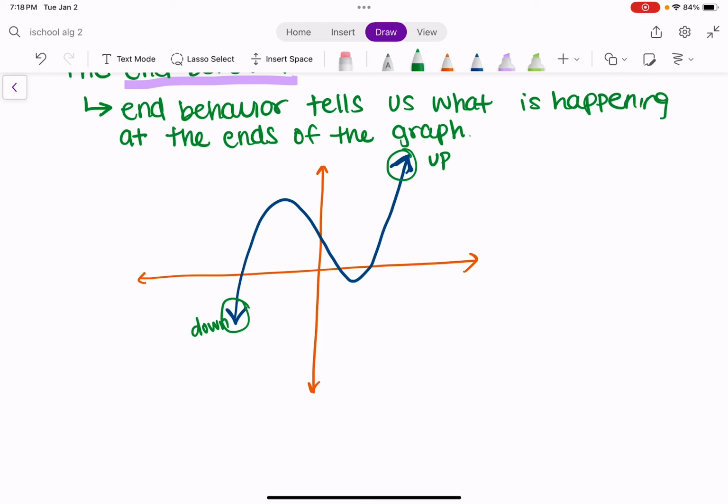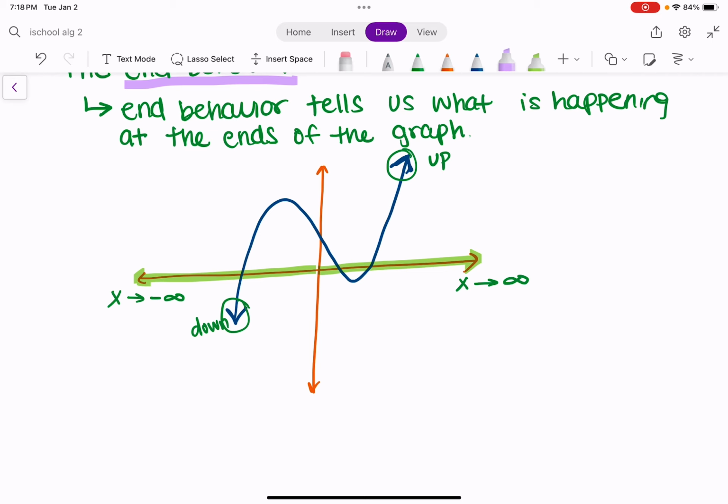Now we want to use some proper mathematical notation, so let's annotate our graph. If we were to keep going forever this way, we're going to hit infinity. So this is x goes to infinity. On the other side, this is the same thing as x goes to negative infinity, because it's the negative part.